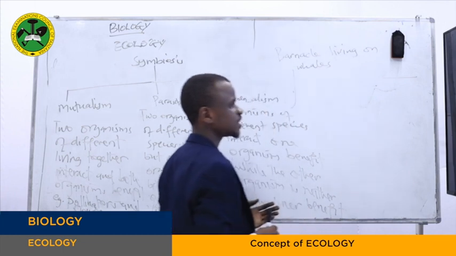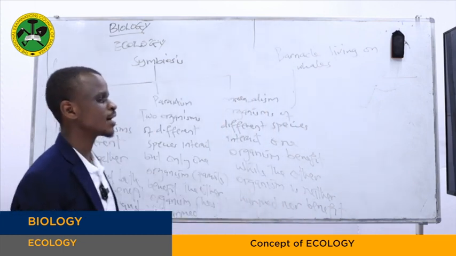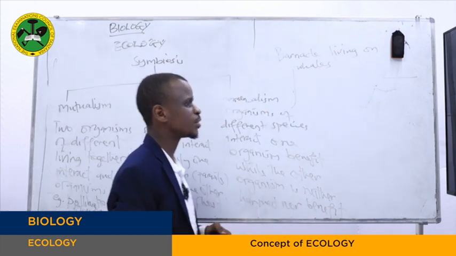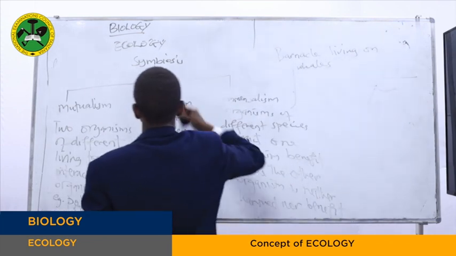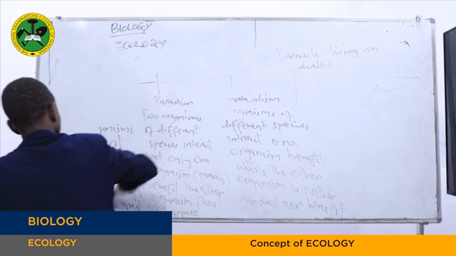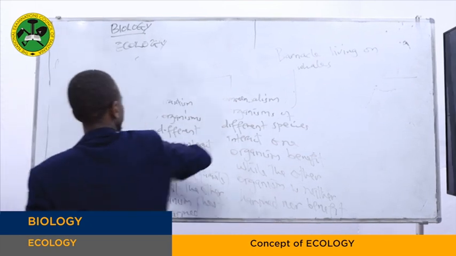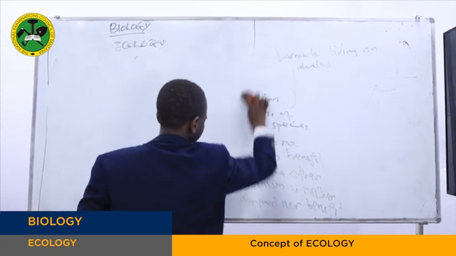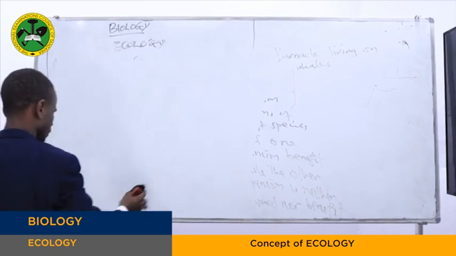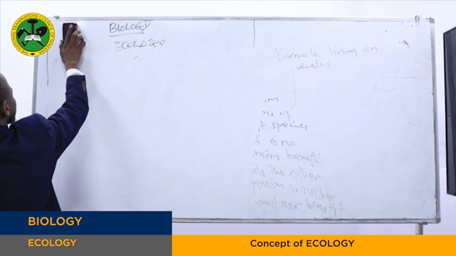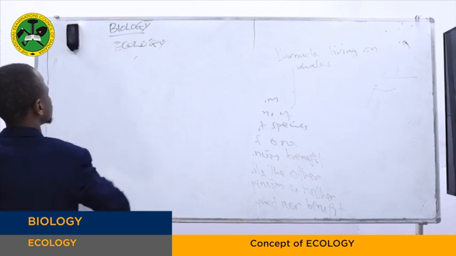That is the first interaction among biotic components of an ecosystem. The second kind of interaction, my student, is called predation.